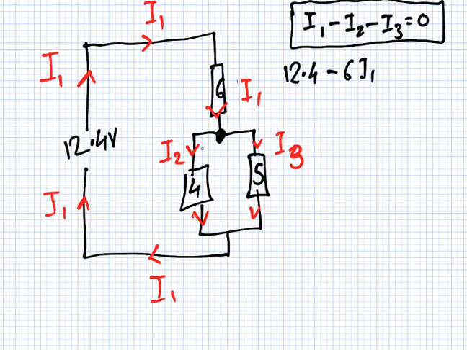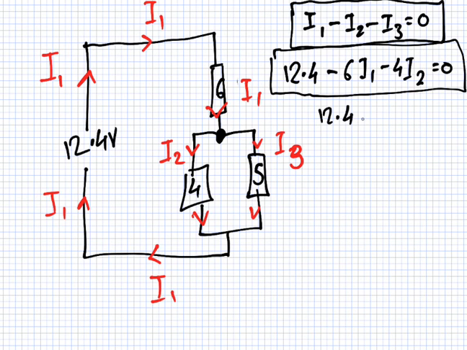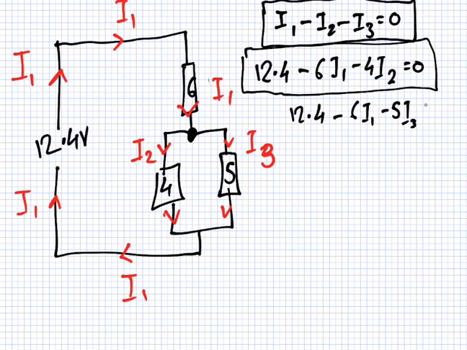Next? Equals 0. Okay, next one? 12.4 minus 6 I1 minus 5 I3 equals 0.